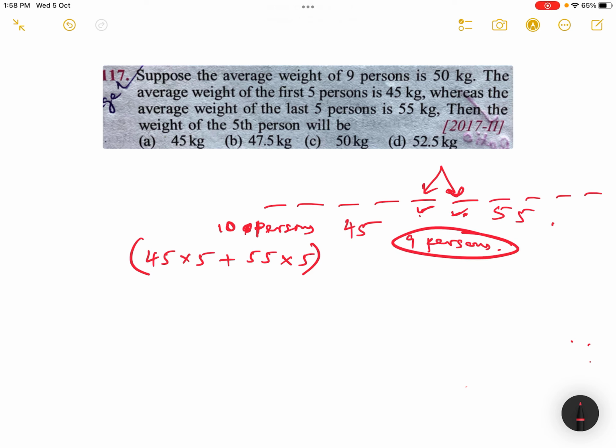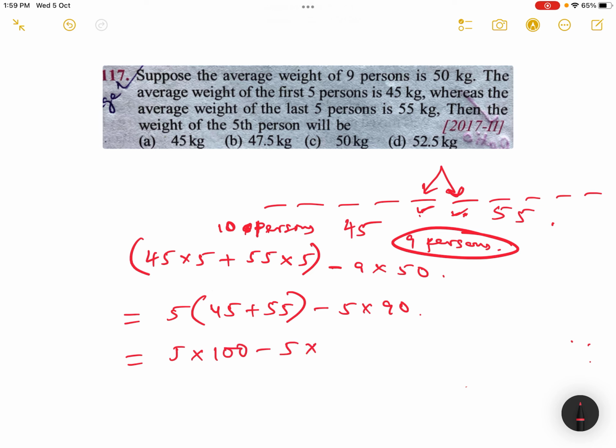Then we will get the weight of the fifth one. So 5 into 100 minus 5 into 90, that is 10 into 5, so 50 kilos is the answer.